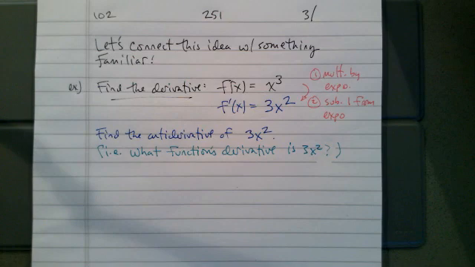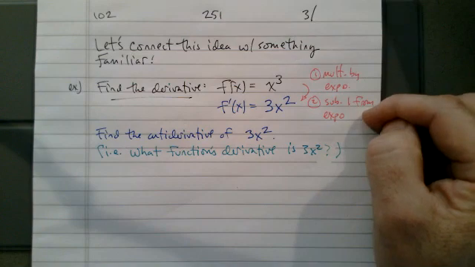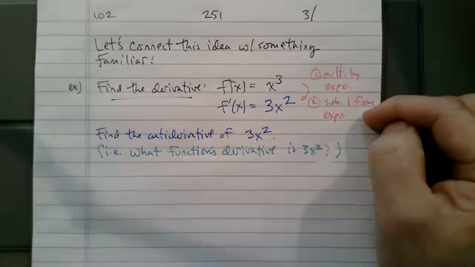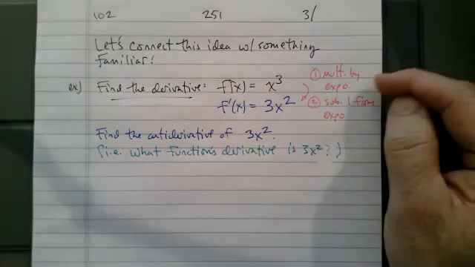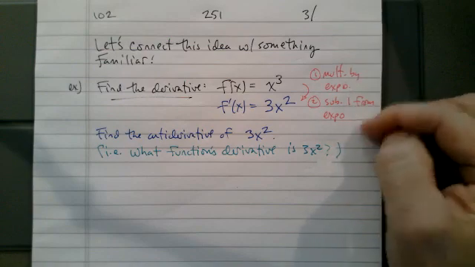That's how we go from a function to its derivative. So to undo this, we just perform the inverse operations in reverse order. Instead of subtracting 1 from the exponent, we're going to add 1 to the exponent. Instead of multiplying by the new exponent, we're going to divide by that exponent. That's just the inverse process.